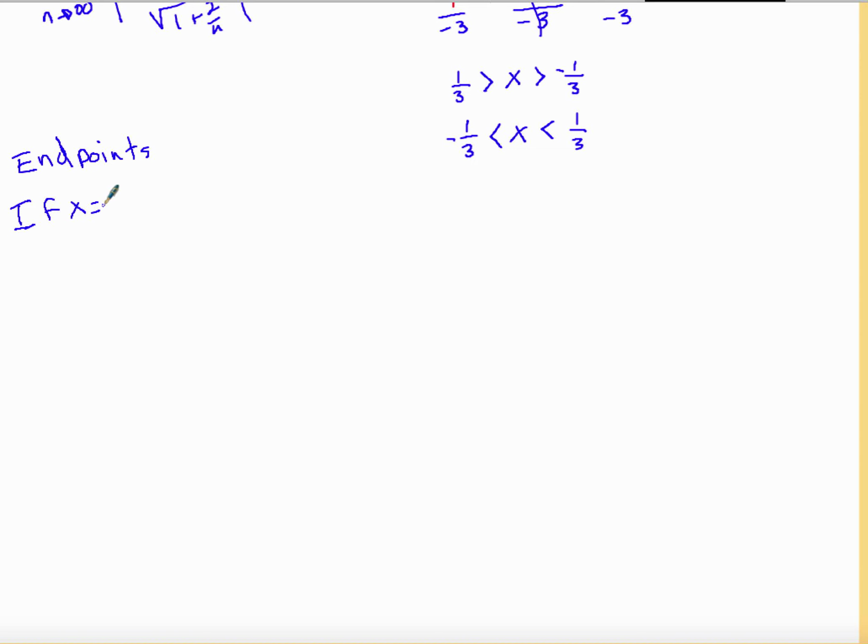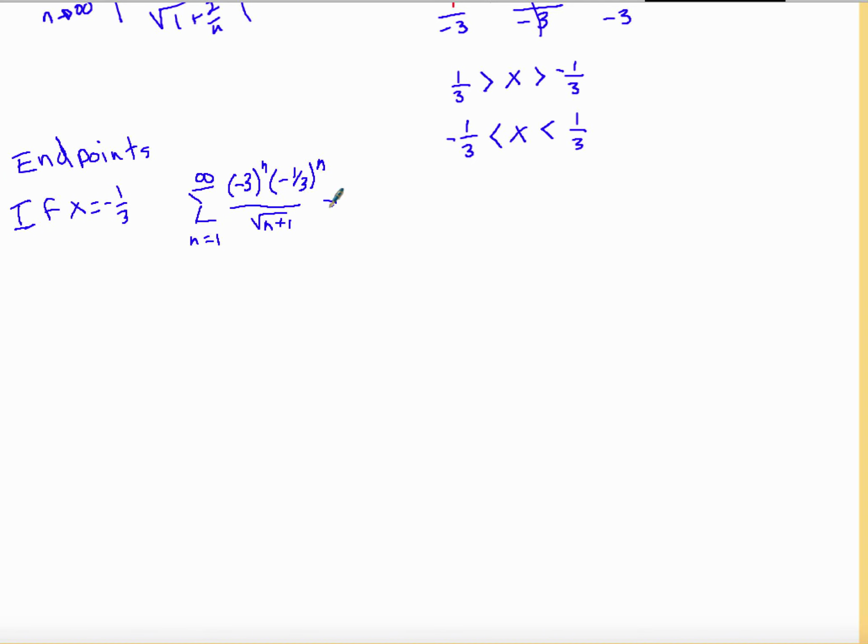If x is equal to negative 1/3, then my series is going to look like this. I'm going to have negative 3 to the n power x, but that's really negative 1/3. And that's all divided by the square root of n plus 1.